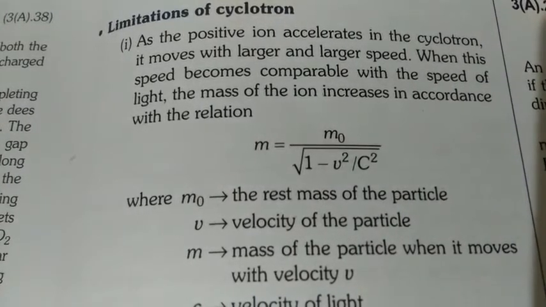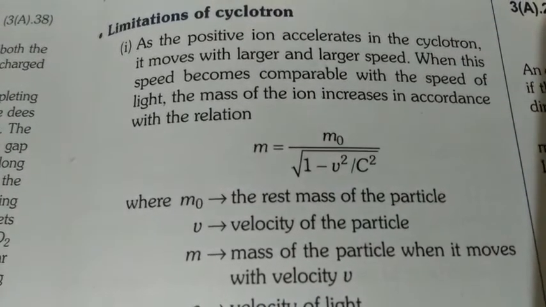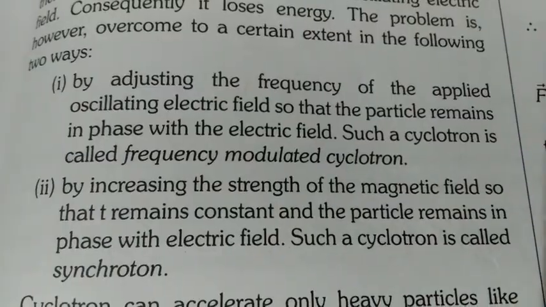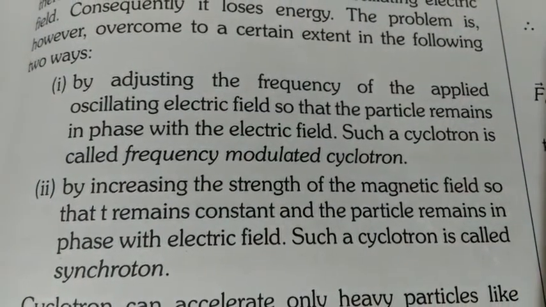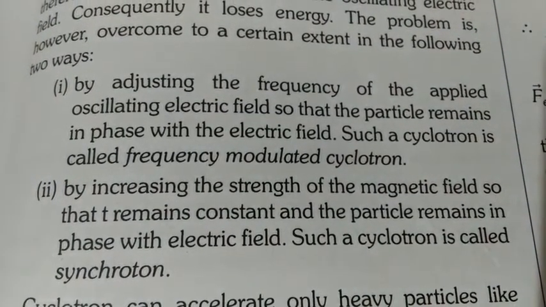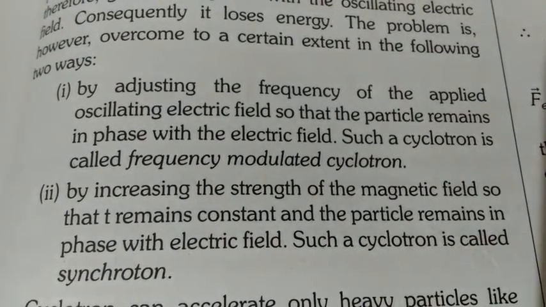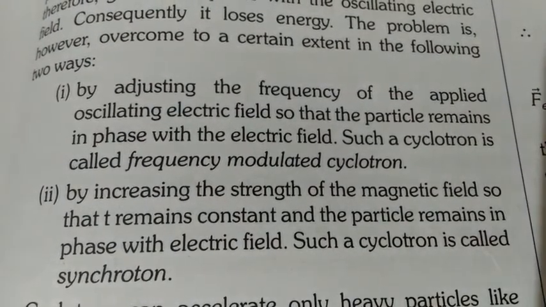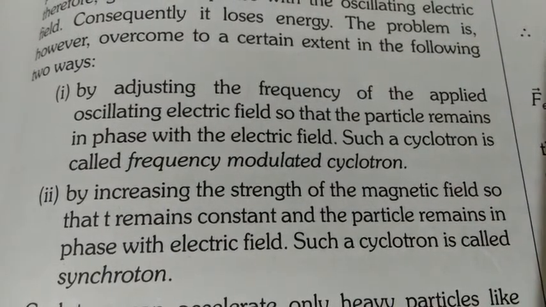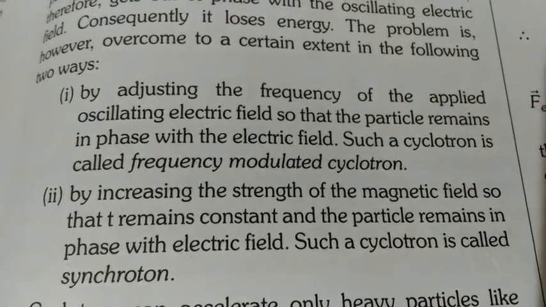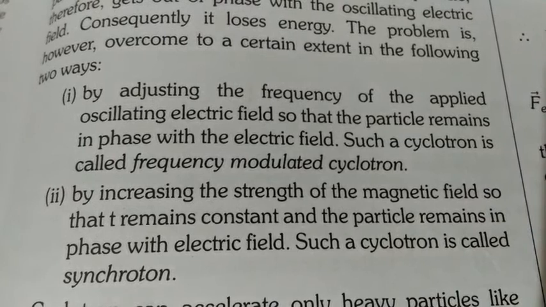So this problem can be treated by two methods. The first one is by adjusting the frequency of the applied oscillating electric field so that the particle remains in phase with the electric field. Such a cyclotron is called frequency modulated cyclotron, because here we have modulated or changed the frequency.